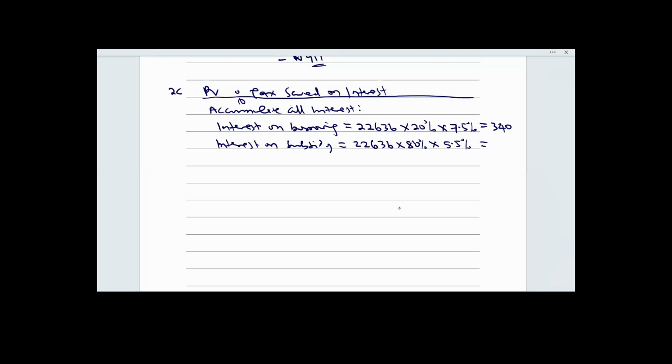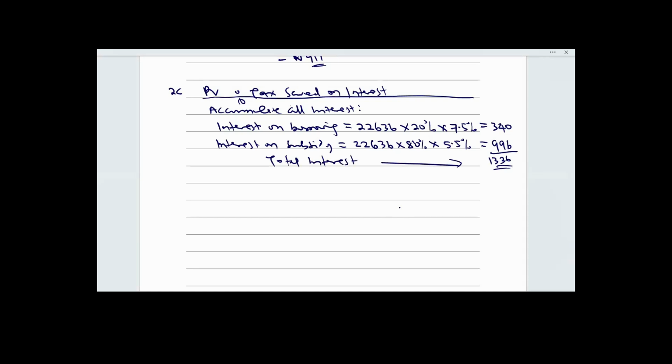So 22,636 multiplied by 0.8 multiplied by 0.055 is 996. When you add it together, that's 1,336. This represents the total interest.